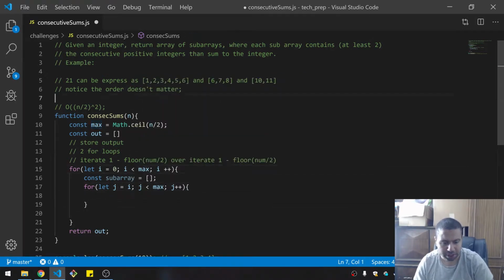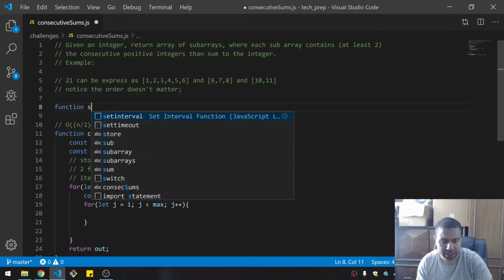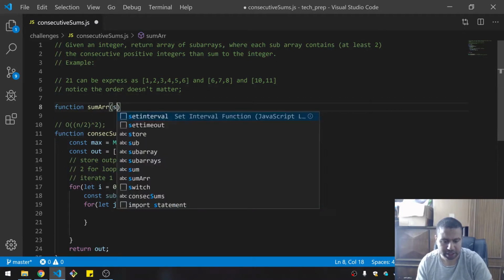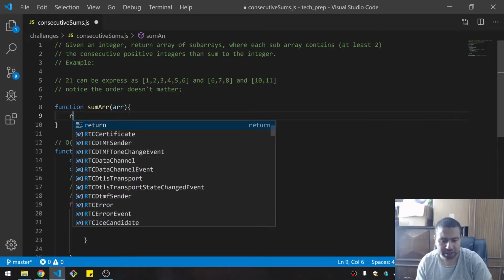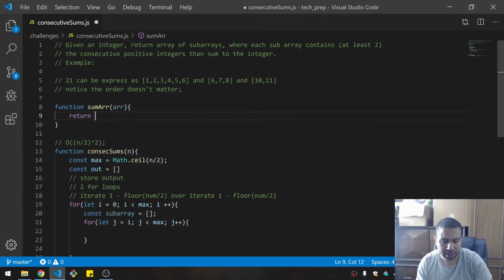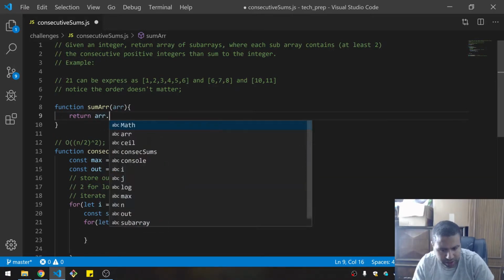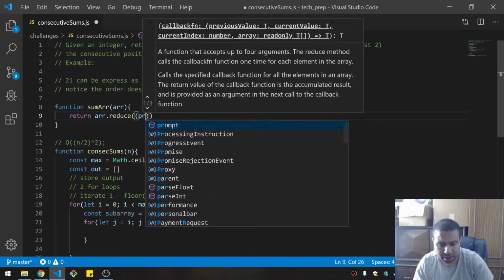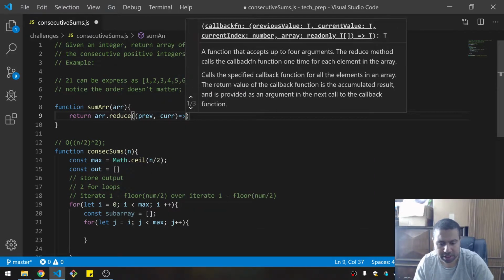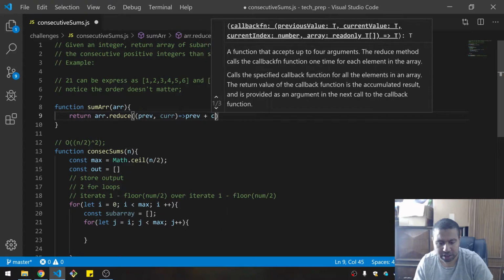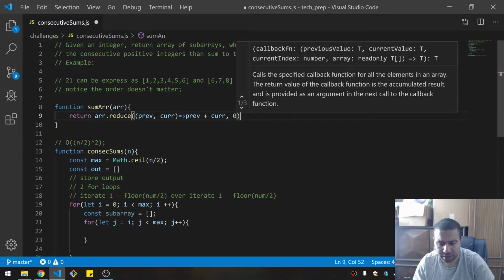I'm going to have my helper function here as well, a function sumArray. This takes an array, I return array.reduce with pre and current, and you start with 0.